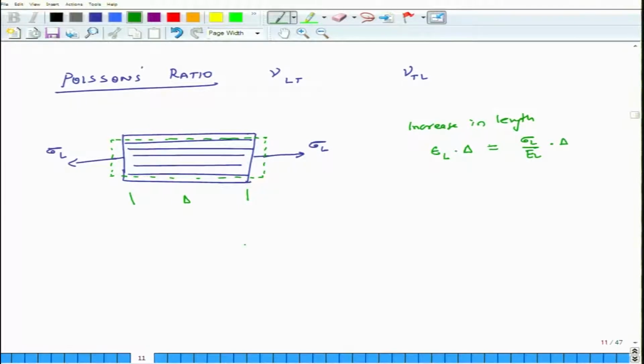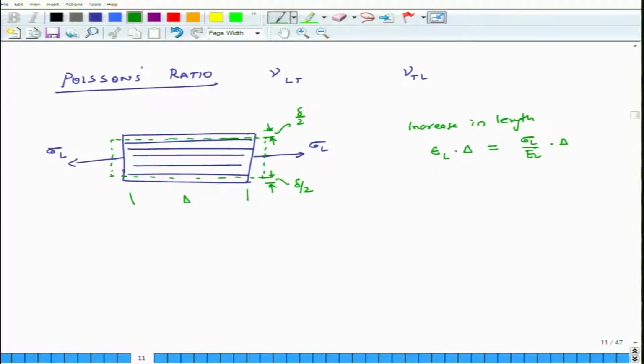So, this is the increase in length in the length direction, but it not only becomes longer, it becomes a little thinner. This is the reduction in thickness, let us call it delta by 2, and then there is also a reduction in thickness on the other side, so this is delta by 2. So, the total reduction in thickness is delta.